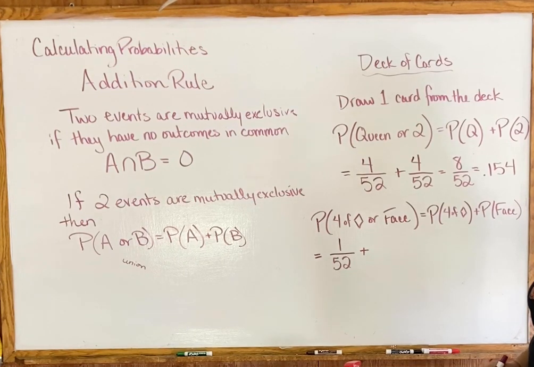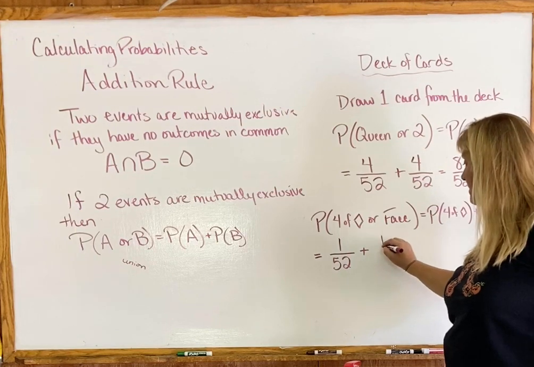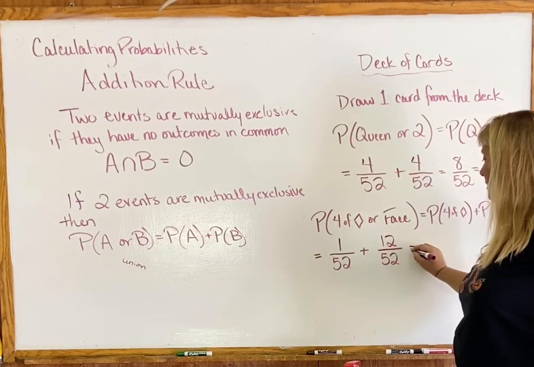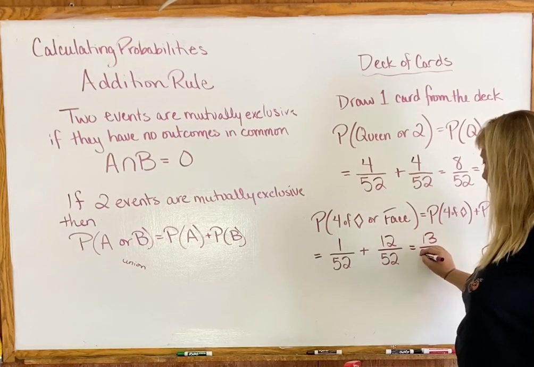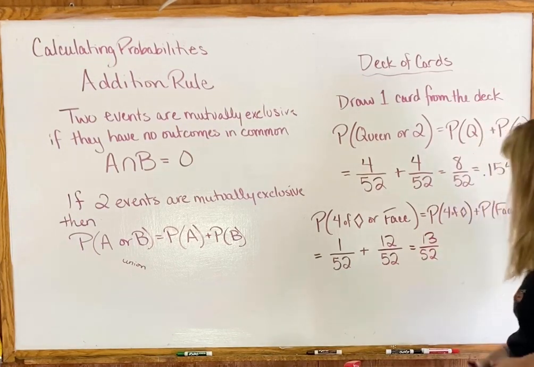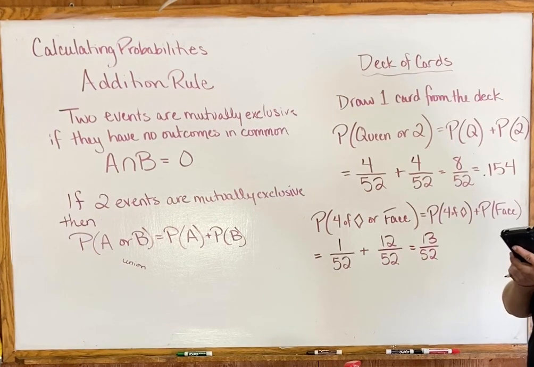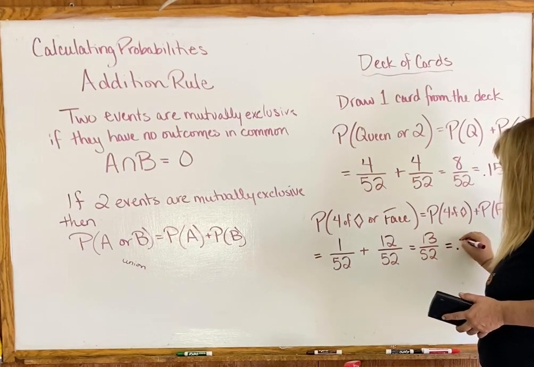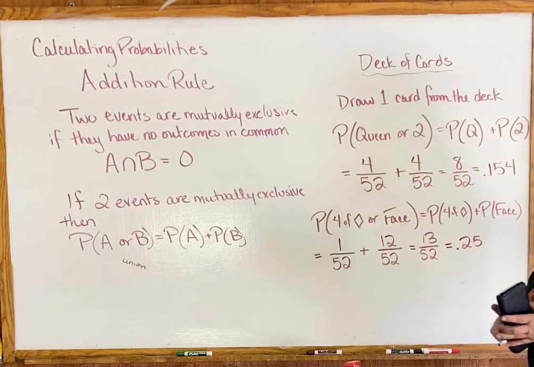So altogether there are 12 face cards in the deck, 12 face cards out of the total 52, which together gives us 13 out of 52. 13 divided by 52. Oh, hello, if we're thinking about this, 13 is a quarter, so this would be 0.25, or 25%. So there's a 25% chance that you get the 4 of diamonds or a face card, okay?